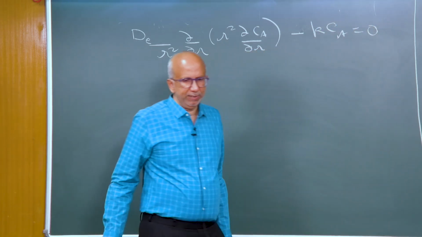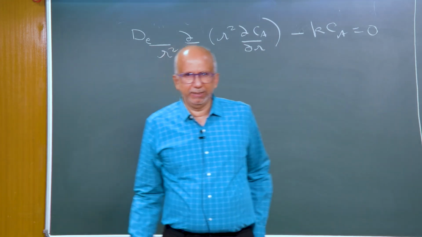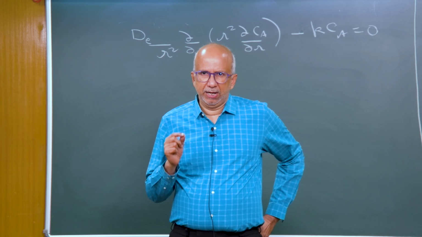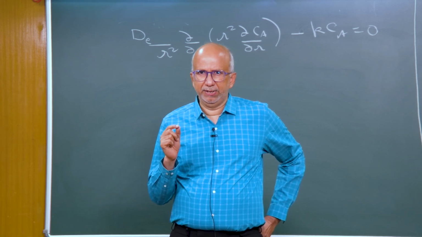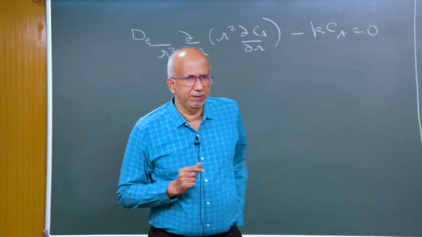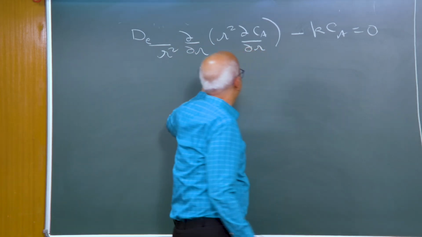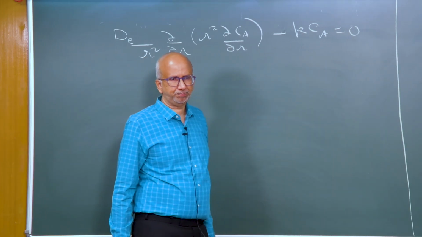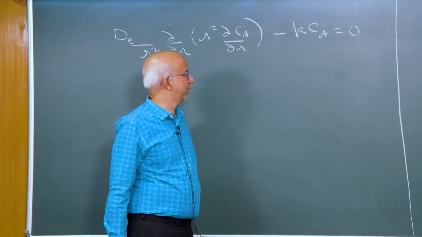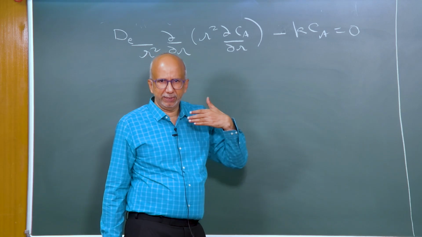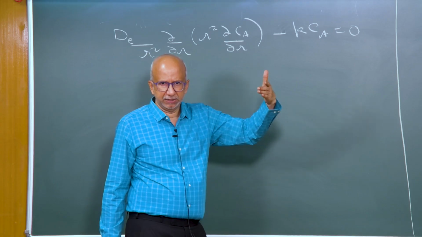So, this equation basically represents the mass balance in a differential element inside a spherical catalyst particle. Okay. And this tells you that only the diffusive transport is there, and this talks about the first order reaction. What I wanted to do is, because this is a mass balance over a differential element, I am going to integrate this over the entire sphere.